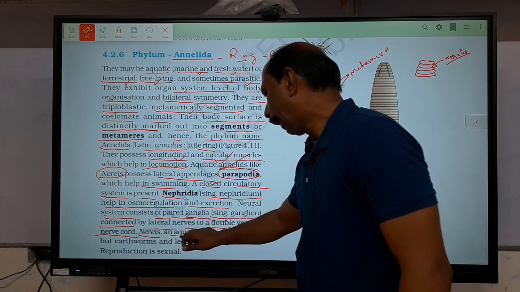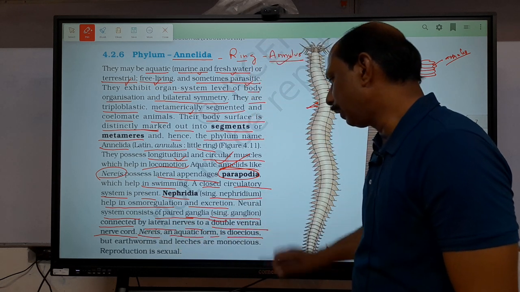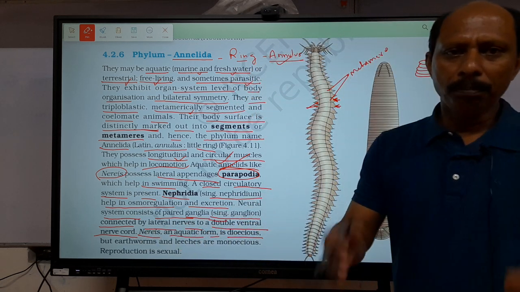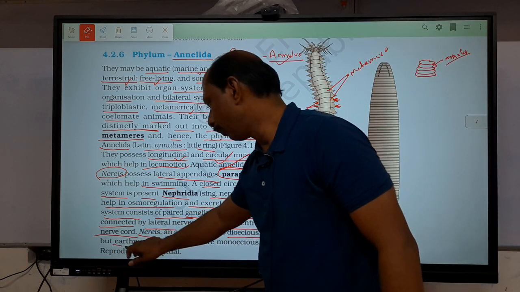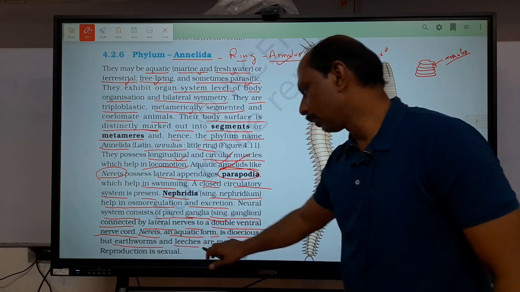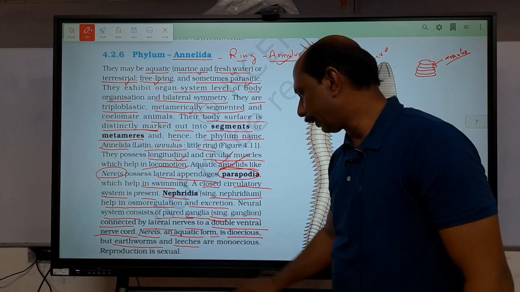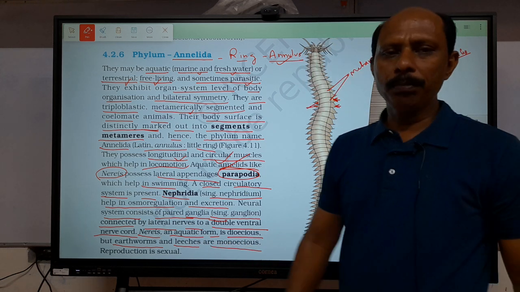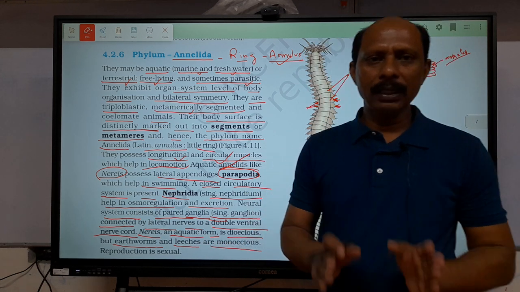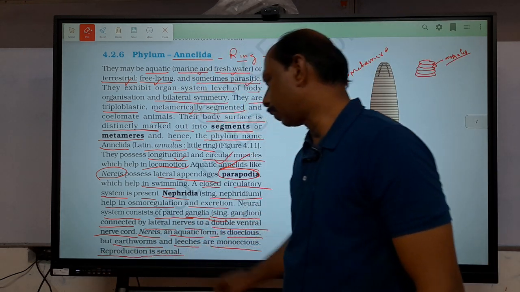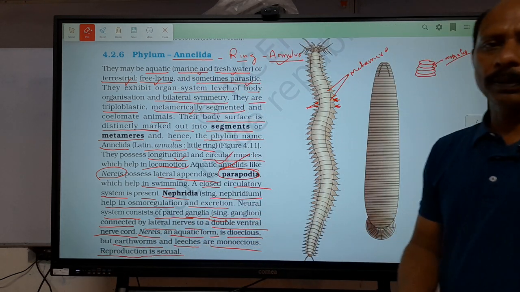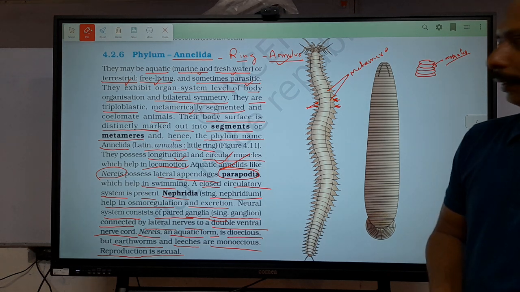Nereis, an aquatic form, is dioecious. Dioecious means male and female are separate. But earthworm, which is terrestrial, and leech, which is aquatic and ectoparasite, are monoecious, means male and female organs are present in the same organism. Reproduction is sexual, asexual reproduction is absent here.